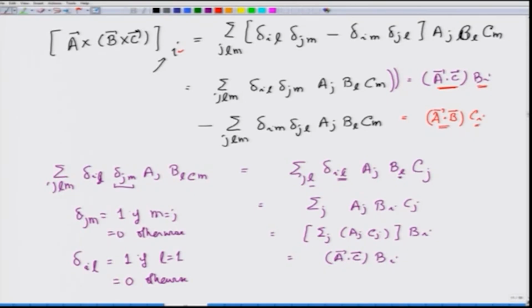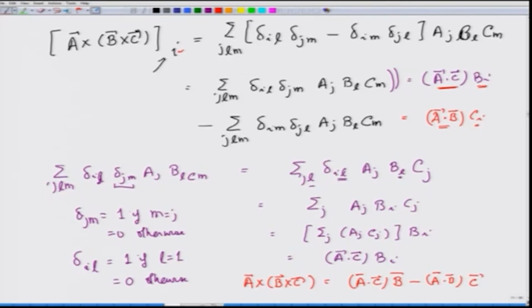So, first component is going to be A dot C b 1 minus A dot B c 1, second component A dot C b 2 minus A dot B c 2, and therefore, in general you can write A cross B cross C is equal to A dot C B vector minus A dot B C vector.